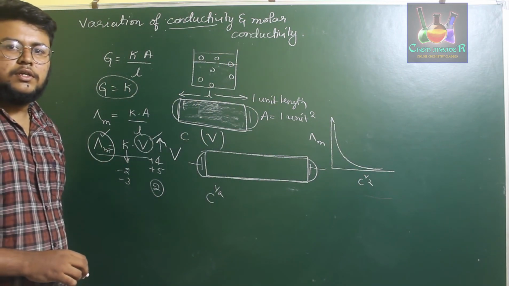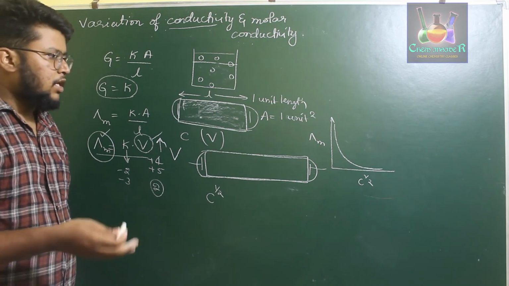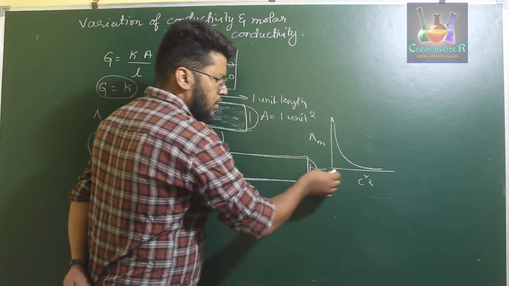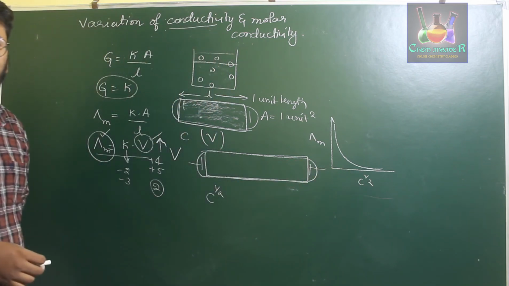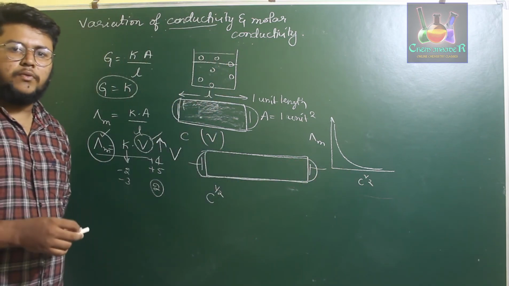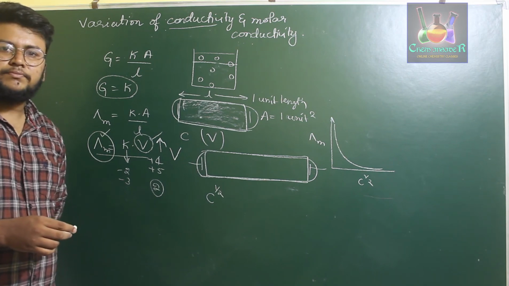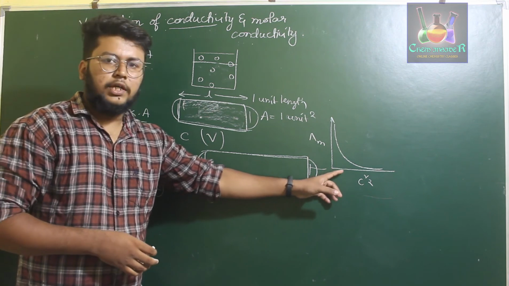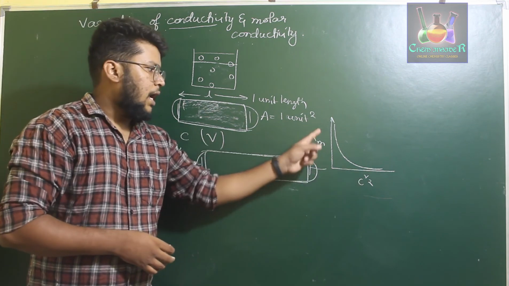That is, on increasing concentration, lambda m decreases, we know that. But once you decrease the concentration to the zero value, we will obtain a particular state where lambda m becomes maximum.